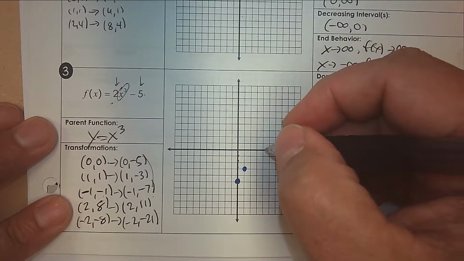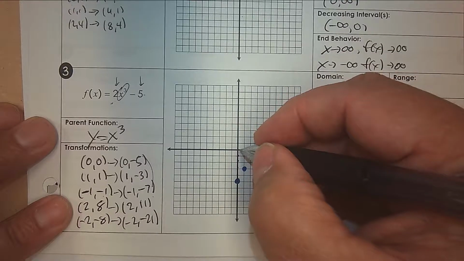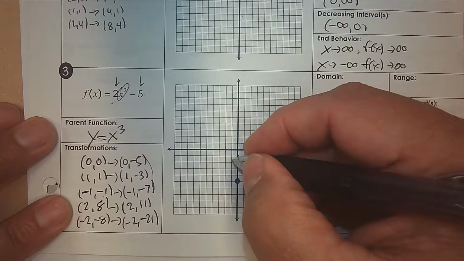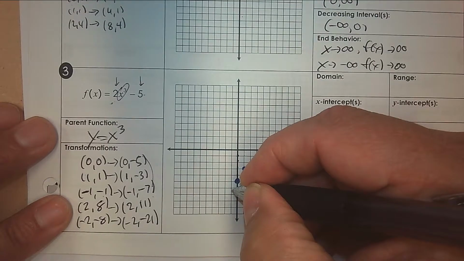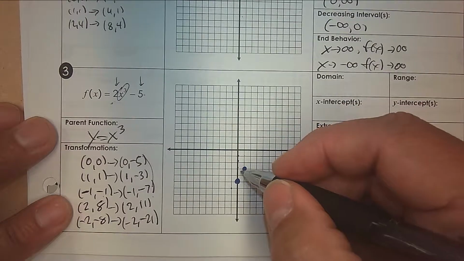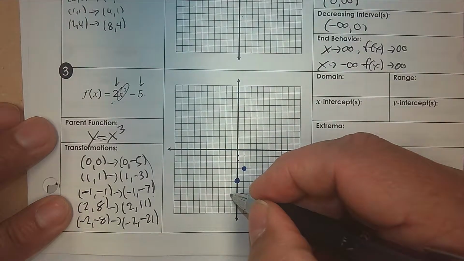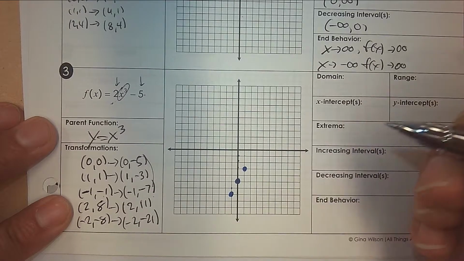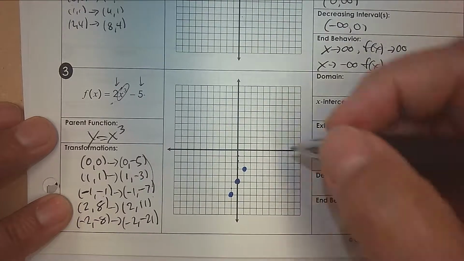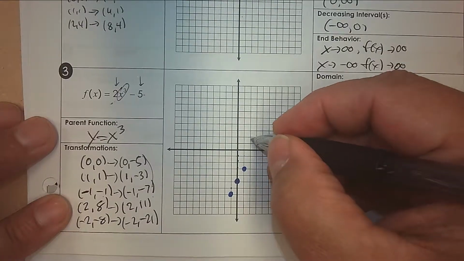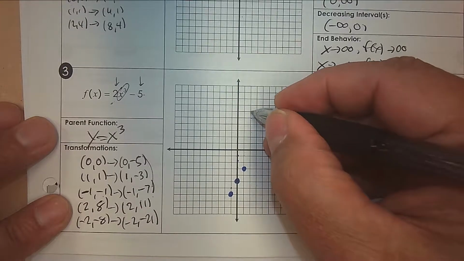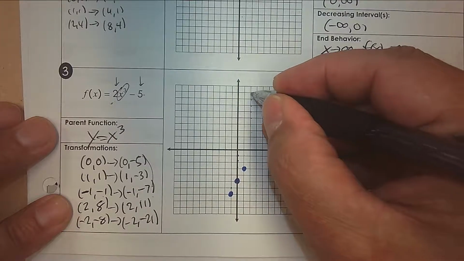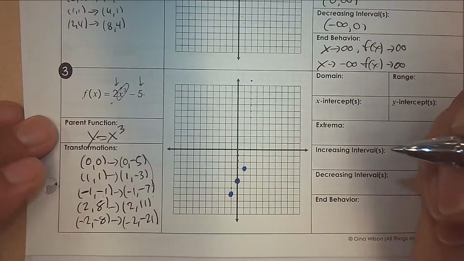Negative 1 and negative 7. 2 and 11. 1, 2, 3, 4, 5, 6, 7, 8, 9, 10, 11. It's like way up there.